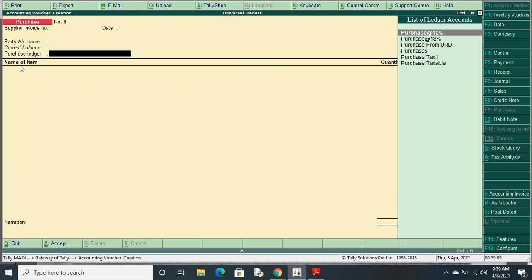If you are purchasing or selling any items with different percentages, then we can't use this common ledger for those items. Am I right? Why? Because the percentages are not common.